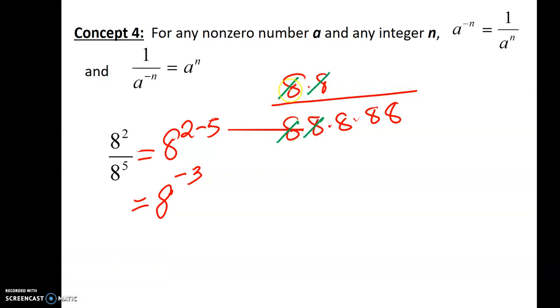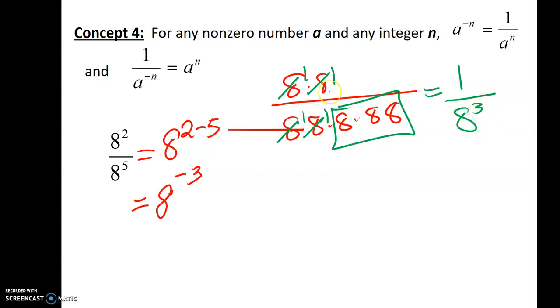So we had a pair of 8s and another pair of 8s, which left us with 1s in the numerator. And so here I just have 1 times 1, which is equal to 1. Down here I have 3 8s left over. This is a little different from before, where my values are left in the denominator rather than the numerator.